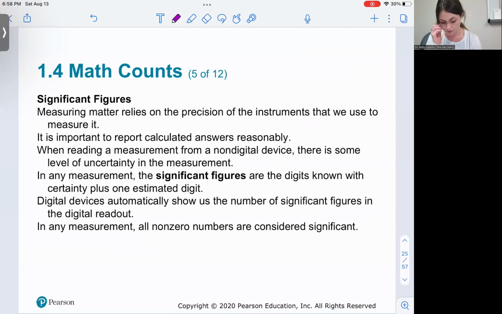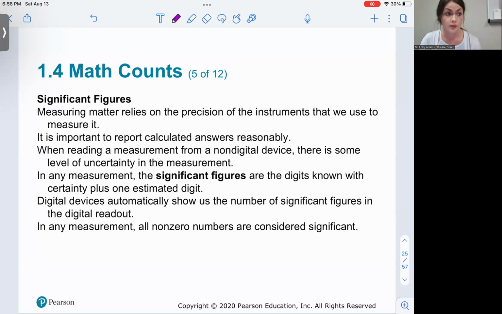Then just get there. And whenever you are reporting your final answers, we need to keep in mind a certain number that is very precise. It's certainty. Measuring matter relies on the precision of the instruments that we use to measure it.